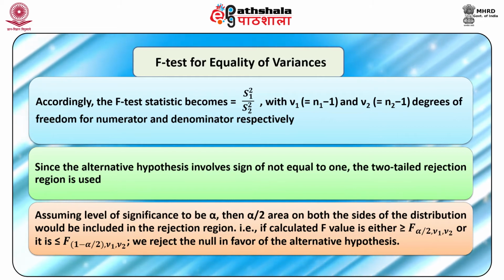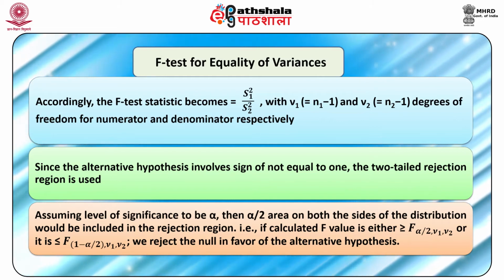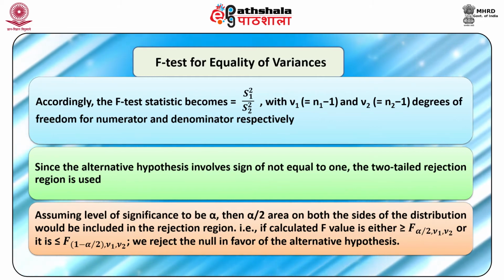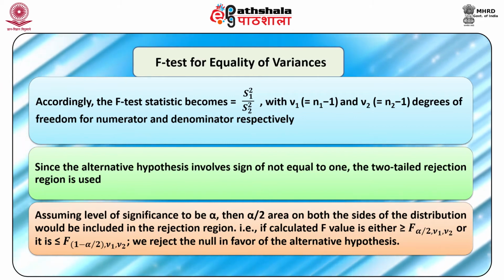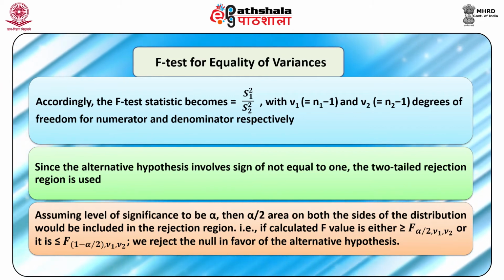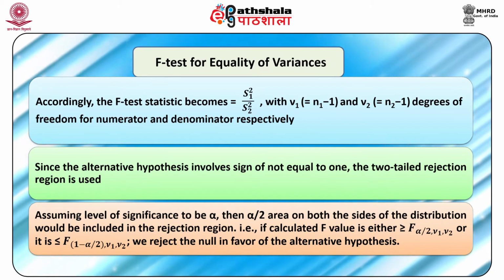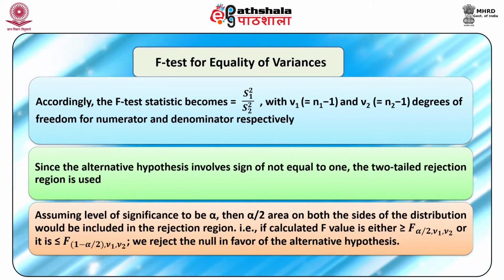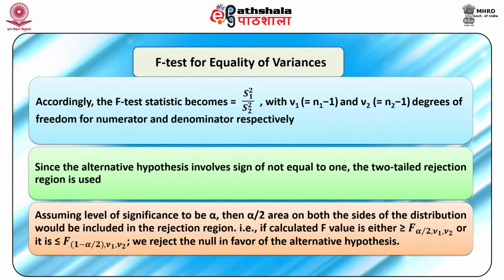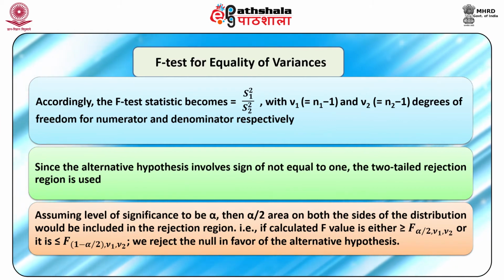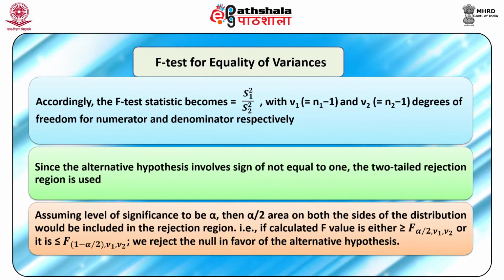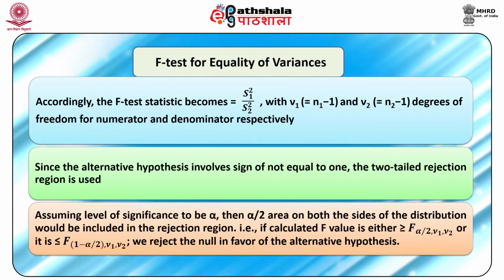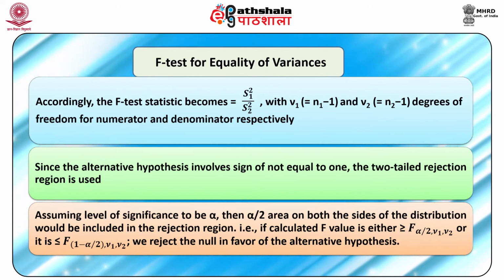Now, accordingly, the F test statistic becomes S1 square upon S2 square with nu 1 and nu 2 degrees of freedom for numerator and denominator respectively. Further, since the alternative hypothesis involves the sign of not equal to 1, the two-tailed rejection region is used.